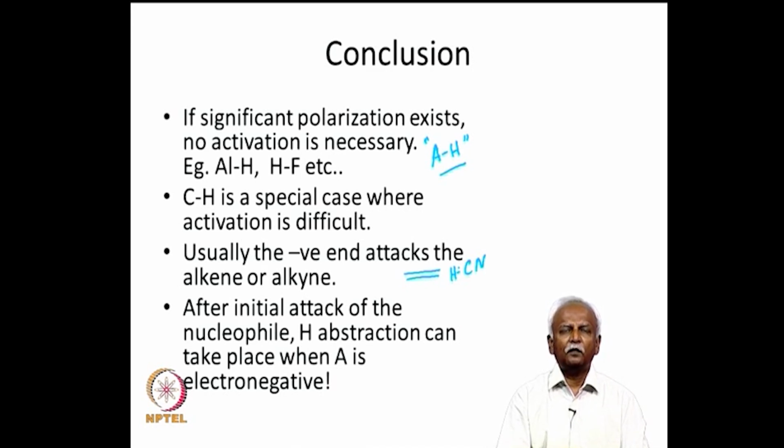So, in general, the nucleophile is the one which attacks the alkene, and this could be followed by hydrogen abstraction. In the case of the Wacker process, hydrogen abstraction happened, but in other cases hydrogen abstraction was not happening, and you have just an addition of the two groups, the H and the A, to the double bond.